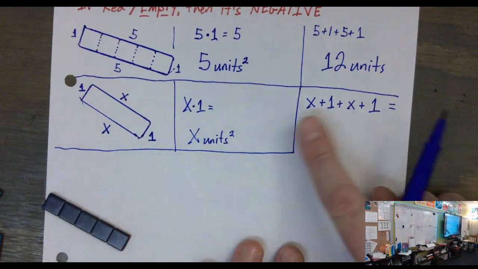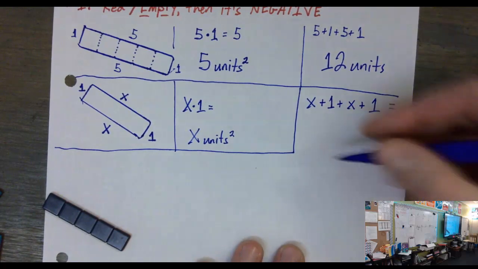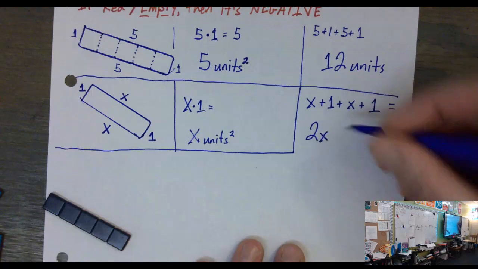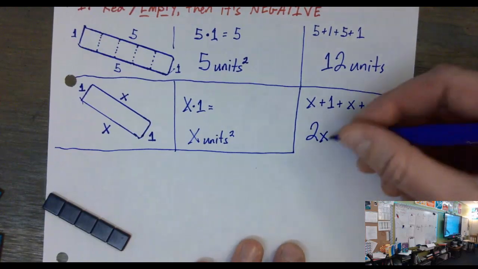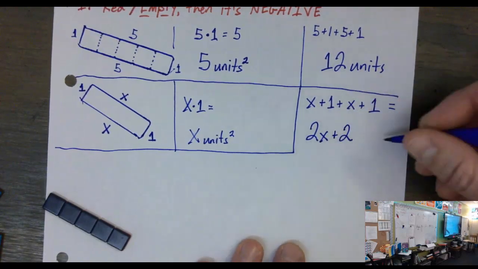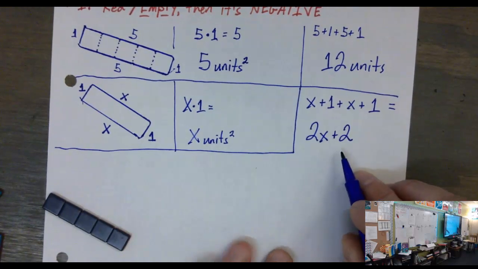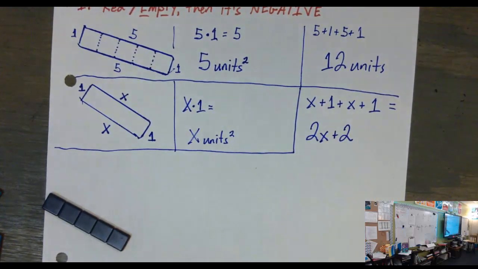How many x's did we have? I can put those together. And how many 1s? I can put those together. So our perimeter is actually, if we clean it up, 2x plus 2. But Van said it's 2 plus x plus x. Same thing. So what he said was right. I just simplified a bit further.